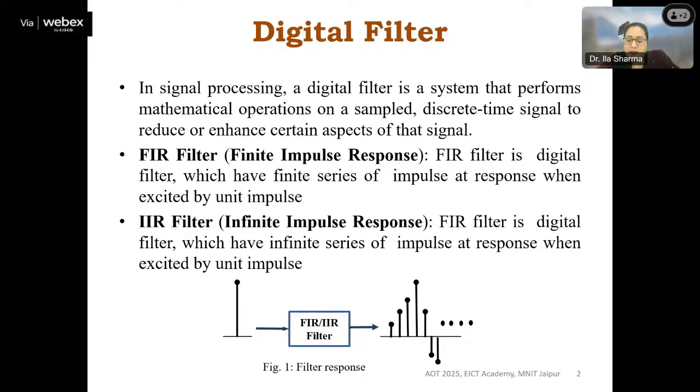And whenever we apply an impulse signal at the input and then compute the output of the system, that is called the impulse response of the system. Its simple definition is that for any system, when we apply the impulse sequence and compute the output, that is called the impulse response of the system.